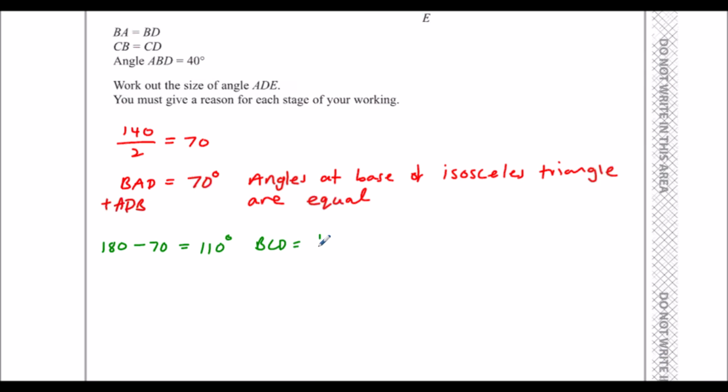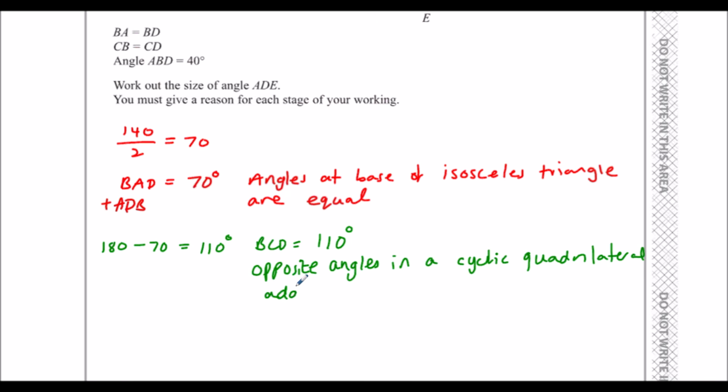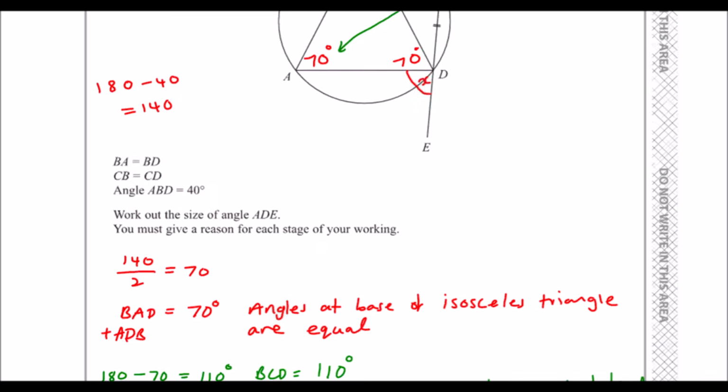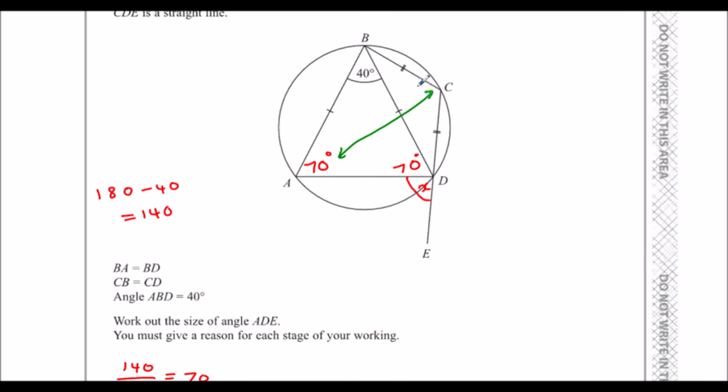BCD is 110 degrees because opposite angles in a cyclic quadrilateral add to 180 degrees. So this is 110.